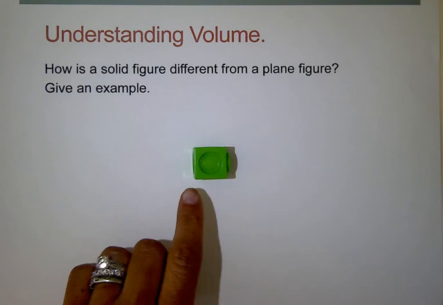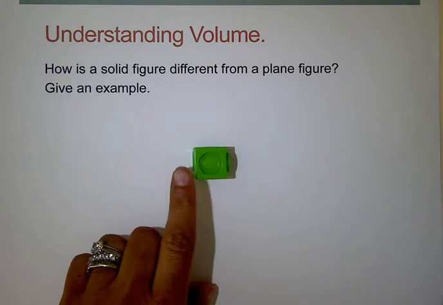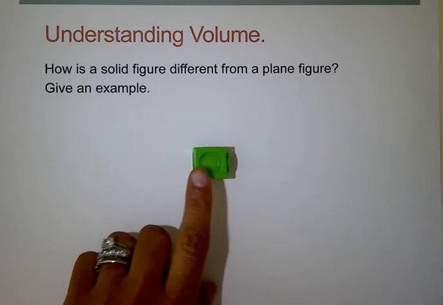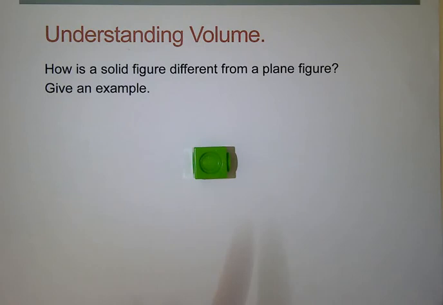It has three dimensions. I can see the length, the width, and the depth all the way around it. Now, if I was going to say it was a two-dimensional figure, then I would be looking at what shape? That's right, I would be looking at a square.